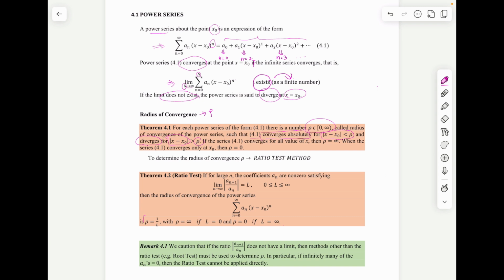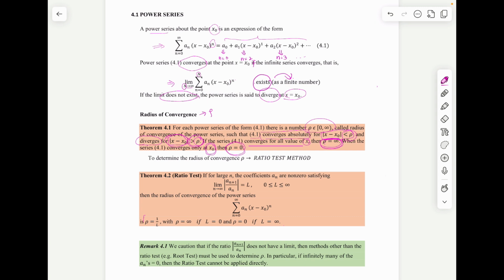If the series 4.1 converges for all values of x, then rho equals infinity, as the radius of convergence is everywhere. And when the series converges only at x equals x naught, then rho equals 0.